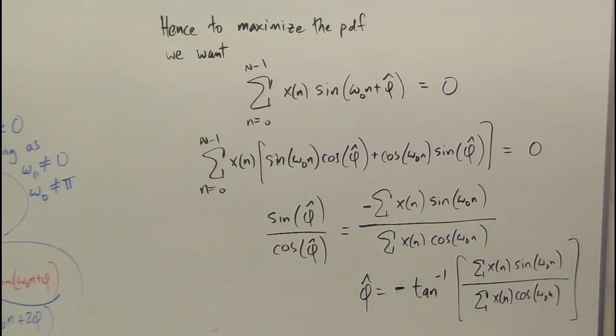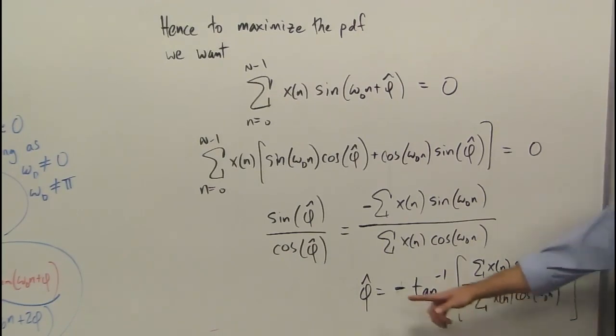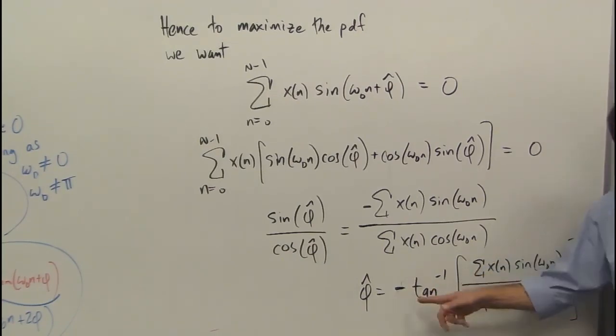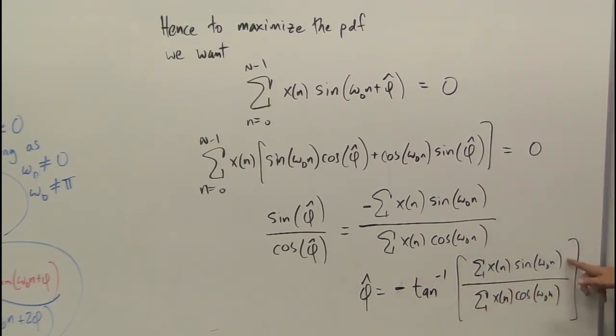Right? And here we notice that that maximum likelihood estimate turns out to be a function of the two joint sufficient statistics that we articulated earlier for the PDF.